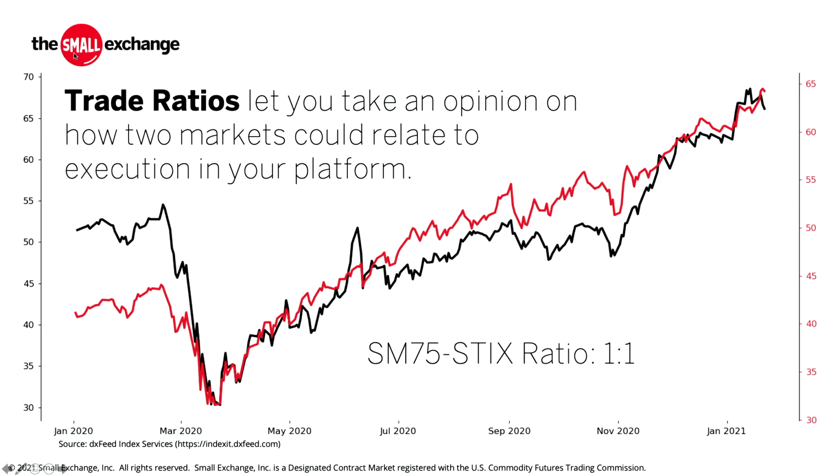Like I said, it's really simple with the small exchange products, even going across asset classes. You want to trade the US dollar against metals. I would do that on a 1-for-1 basis, given the fact that of how those products' sizes and volatilities relate.